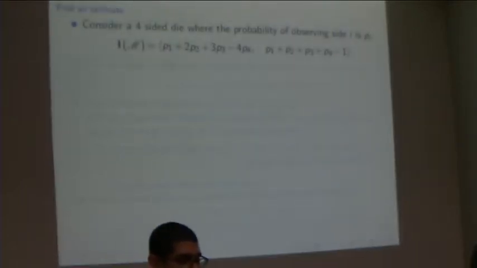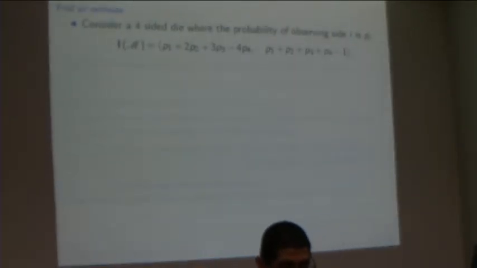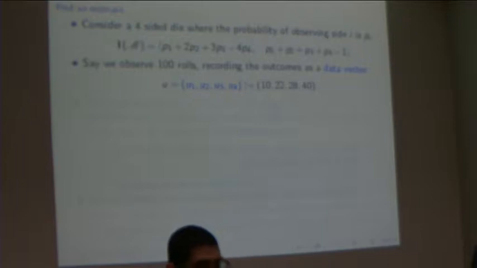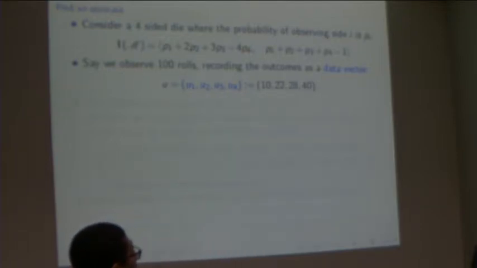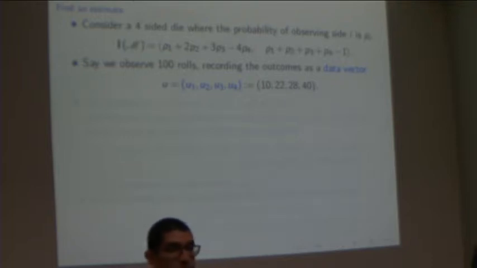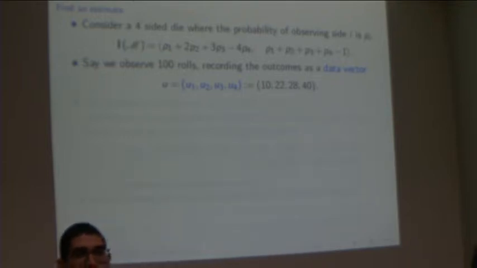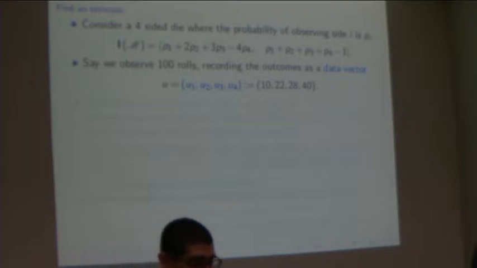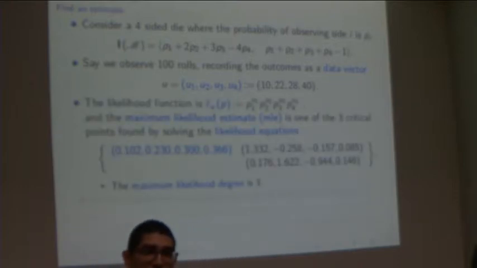Okay, so consider again our four-sided die. And say we roll this four-sided die 100 times. Then we observe this data vector, 10, 22, 28, 40. So what does 40 mean? 40 is the number of times you observe a 4 when we roll the four-sided die. The likelihood function is this monomial here.